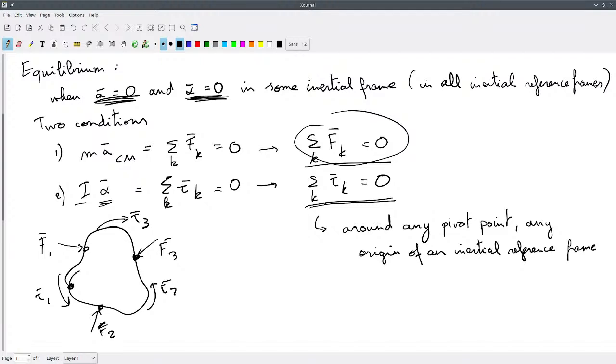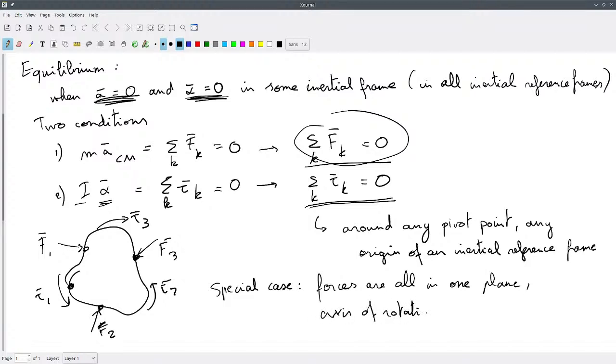There's one simplification of this situation, and that's actually going to be a very common special case: if all of the forces are in one plane, and the axis of rotation, or any rotation, is perpendicular to that plane.